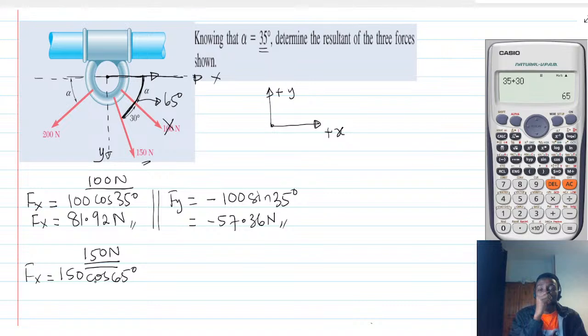All right, so that is the x component. So let's pick our calculators.